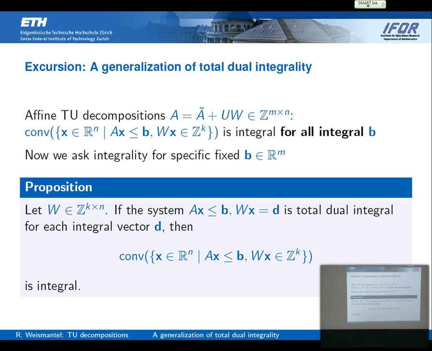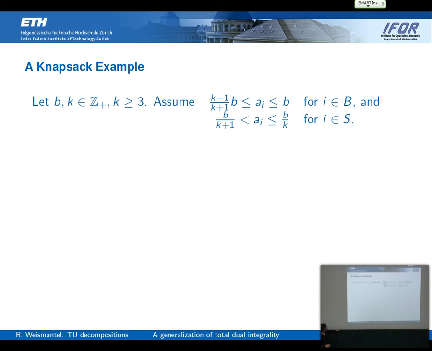So you can replace TU-ness in a sense by total dual integrality if you are interested in a specific right-hand side. And there's, for instance, an example which I also like, because even though this is a special knapsack type problem, this is an example where you have this TDI-ness property.